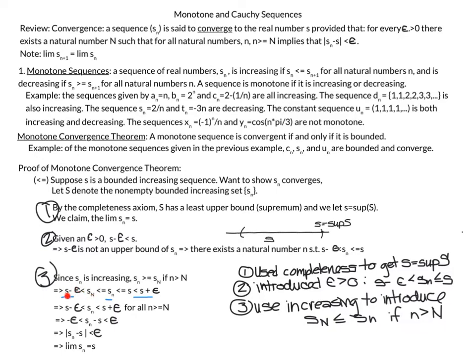We said that S minus epsilon, because this is the upper bound minus epsilon, has to be less than S. And between S plus epsilon, we took the parts of this equation that we needed in order to finally get to the absolute value of Sn minus S is less than epsilon.